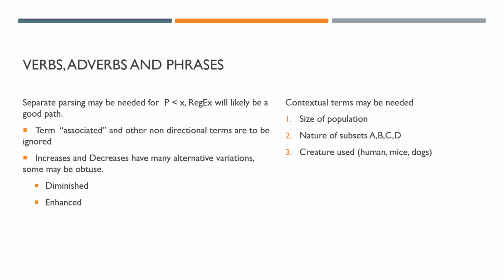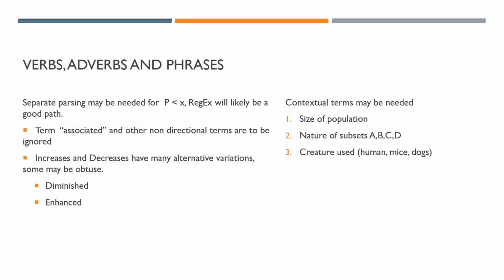Terms like associated and other non-directional terms generally have to be ignored. Hopefully, when you see the word associated, and there is an Excel spreadsheet associated, you should flag that as: double check this Excel spreadsheet or other associated data, because it may indicate the direction there.